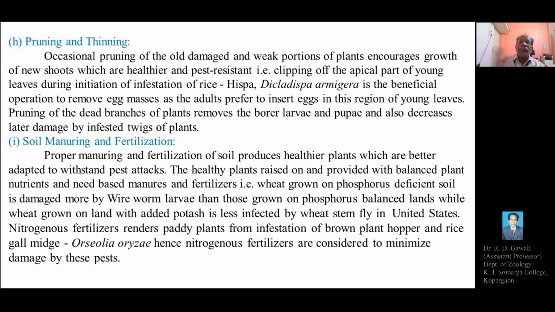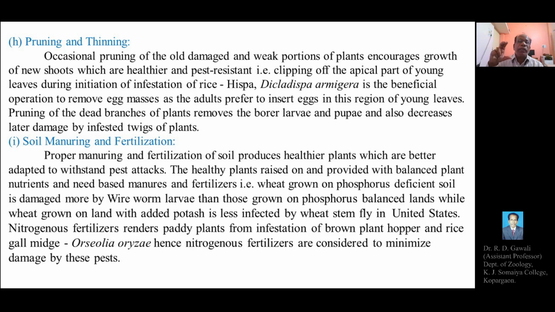Pruning of dead branches removes the borer larvae and pupae, which are hidden stages of the pest, and this will also decrease the later damage by the infested twigs of the plants. Then the next cultural practice is soil manuring and fertilization.